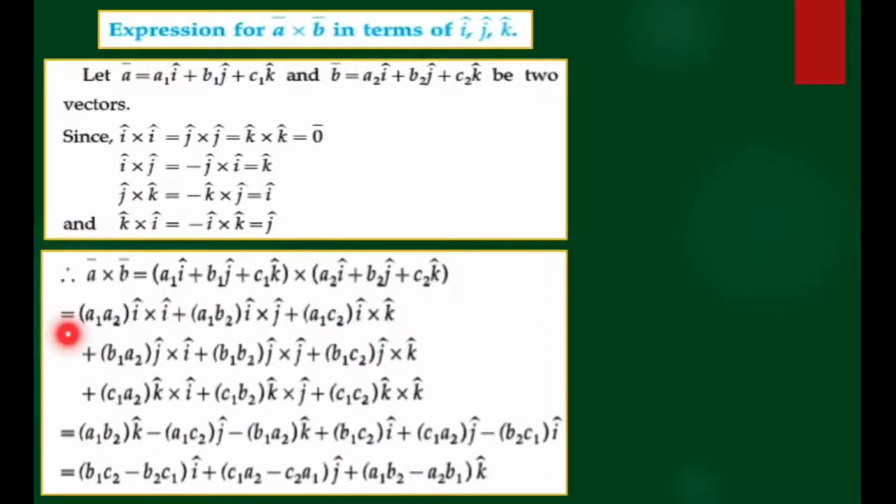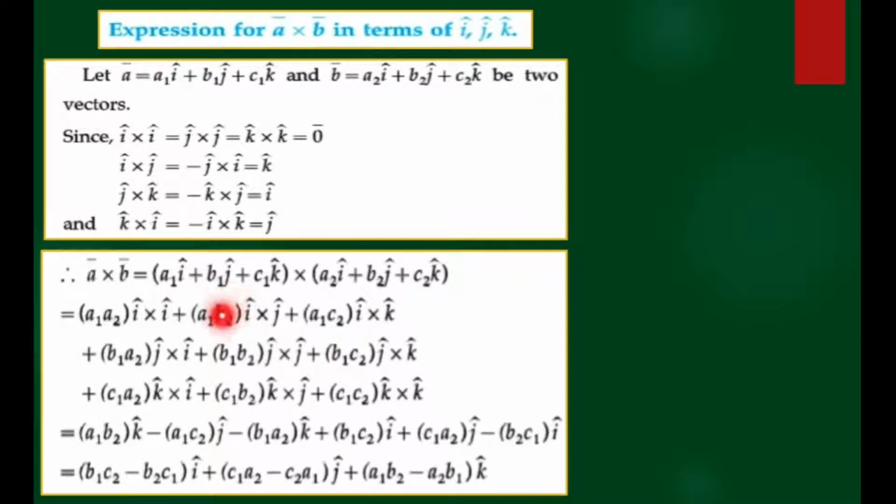So from this we can write a bar cross b bar in terms of a determinant. See how to write that. First we find a bar cross b bar. We substitute the value of vector a as a1 i plus b1 j plus c1 k and the value of vector b as a2 i plus b2 j plus c2 k.